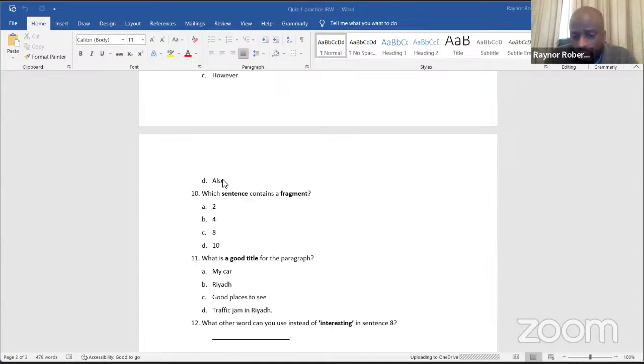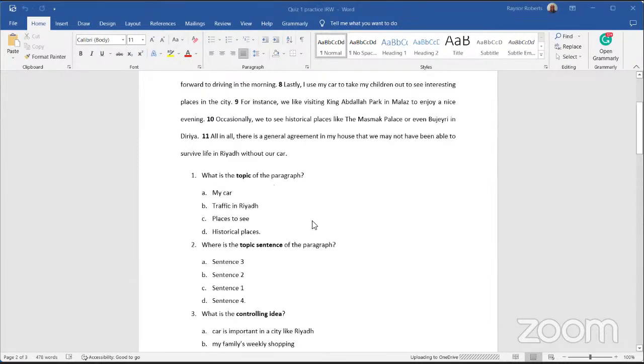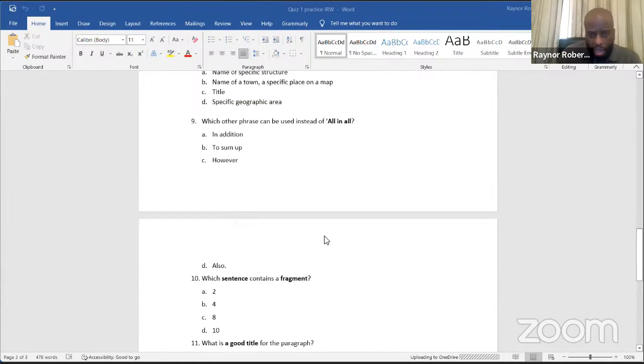12, what word can be used instead of interesting in sentence 8? I think amusing. Lastly, I use my car to take my children out to see amusing places. Amusing could work.